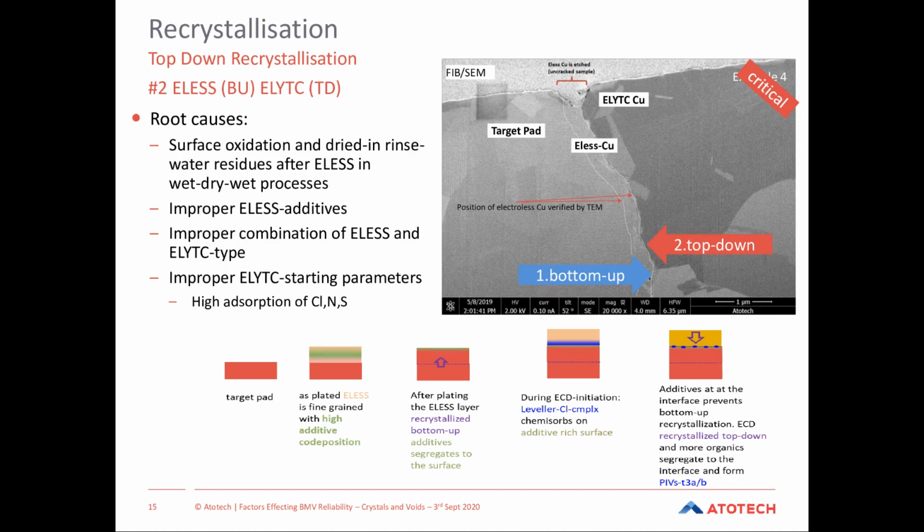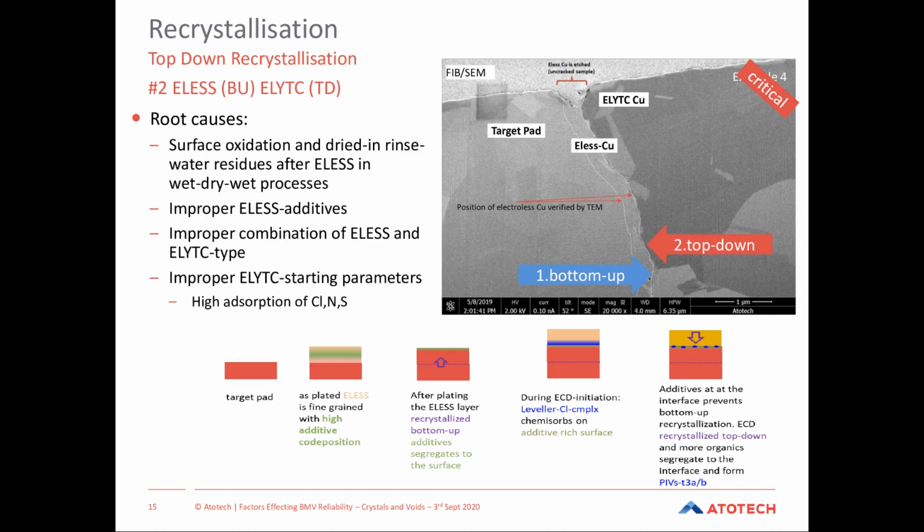The first one comes from what we term a wet, dry, wet process. Your panel comes out of a wet electroless copper, it's then dried, and it's left in storage for a period of time where it will oxidize. That then goes back into a wet process, so the cleaning phases of your electrolytic plater.